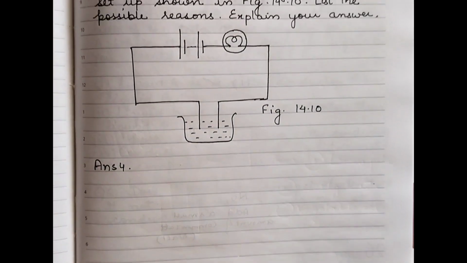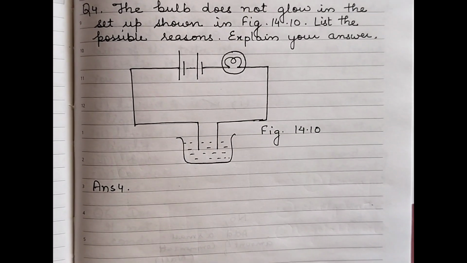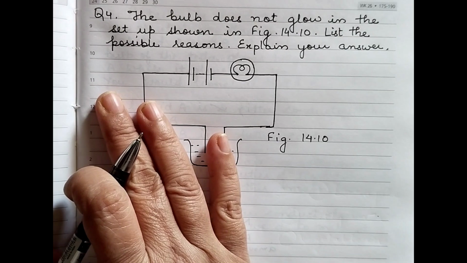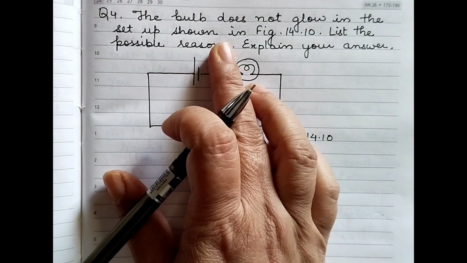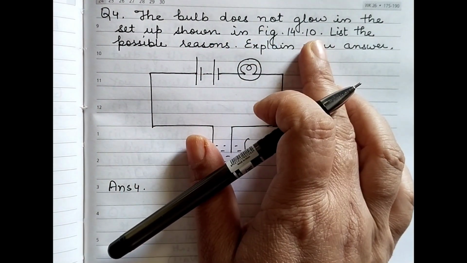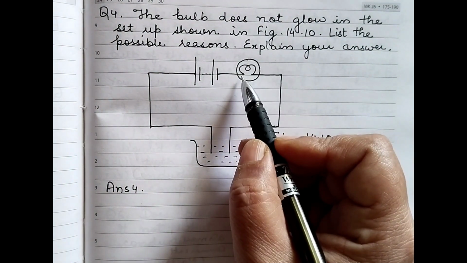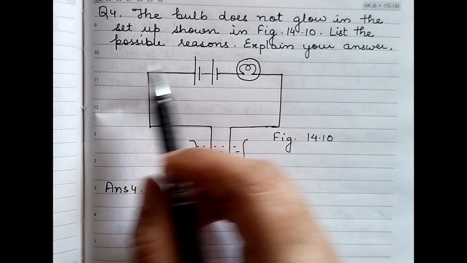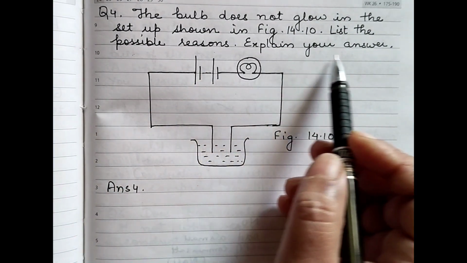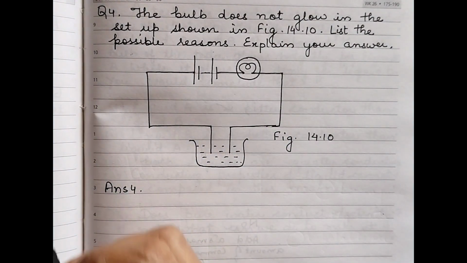Next is question number 4. The bulb does not glow in the setup shown in figure 14.10. List the possible reasons. Explain your answer.